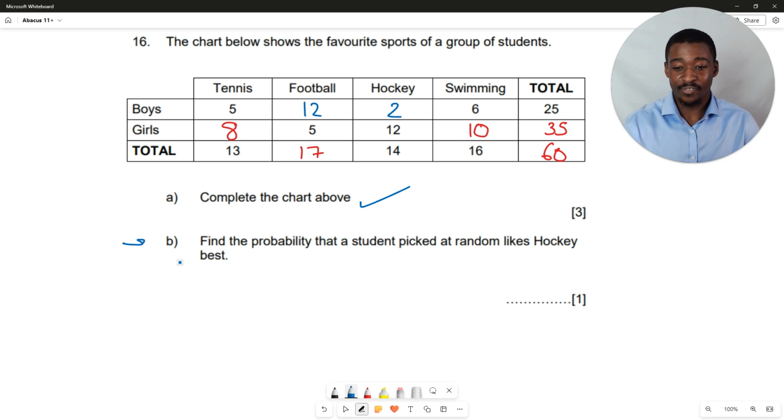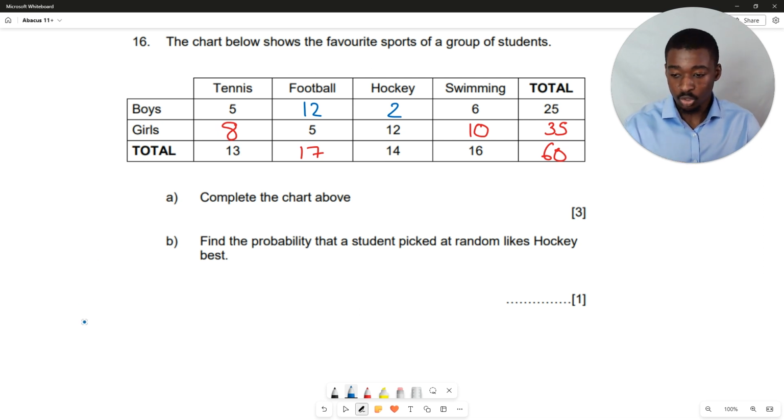Okay, part B. Find the probability that a student picked at random likes hockey best. Okay, so we're told we're looking for the probability that a student, girl or boy, likes hockey best.